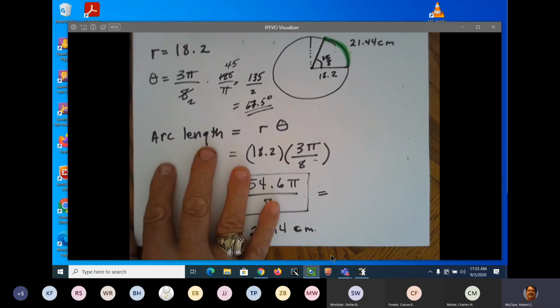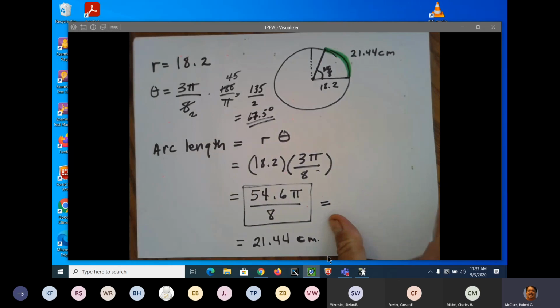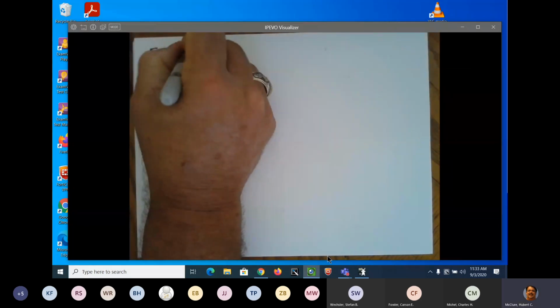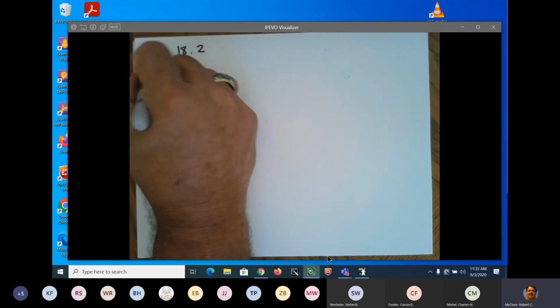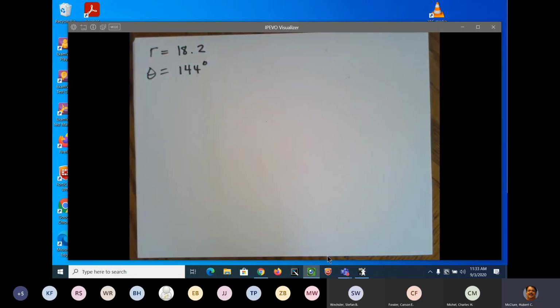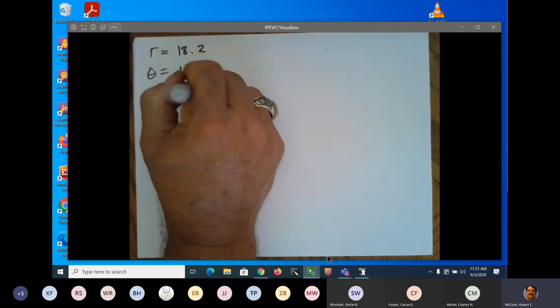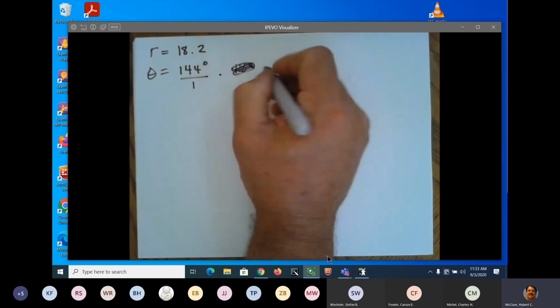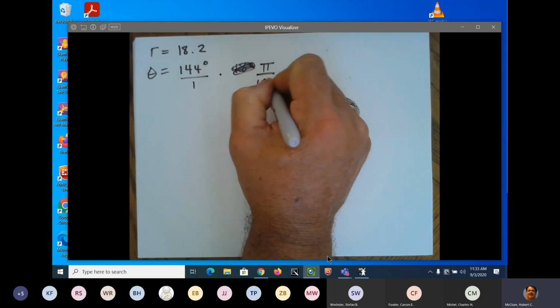Okay. Now, the other one said a radius of 18.2 and theta is equal to 144 degrees. Well, you got to change that to radians. So that's over 1 multiplied by pi over 180 degrees.